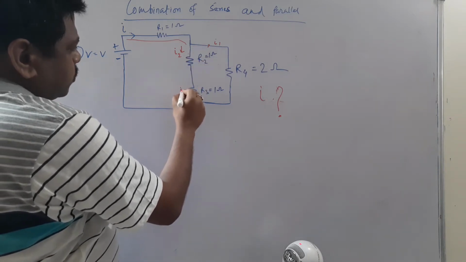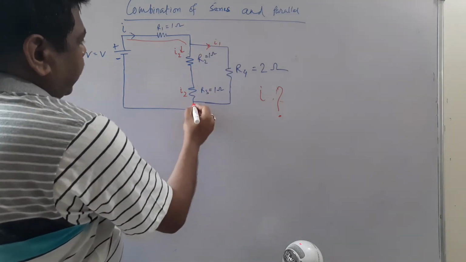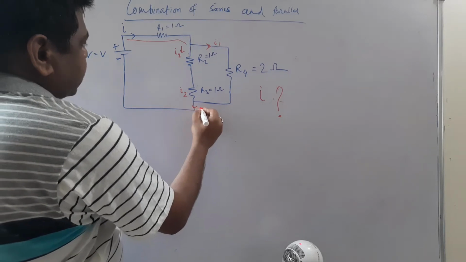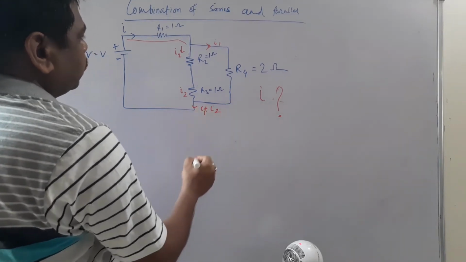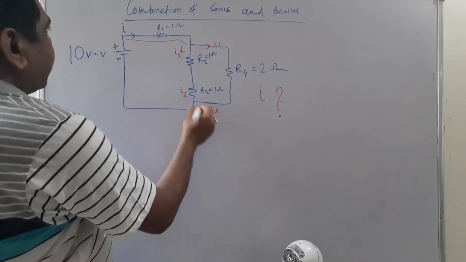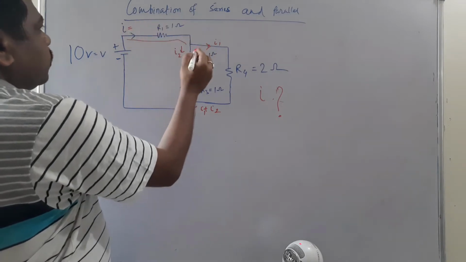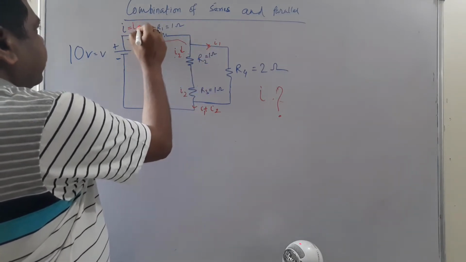So this is also I2. Again, this current will be I1 plus I2, right? So this I equals I1 plus I2, right?